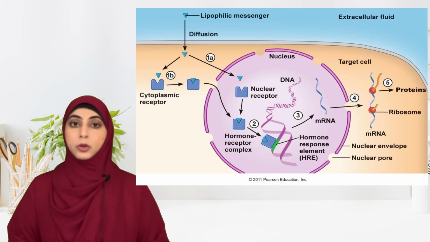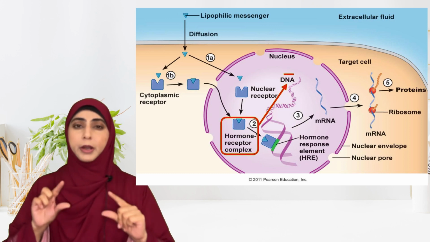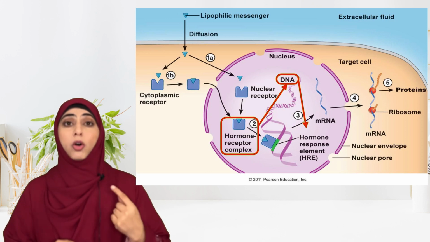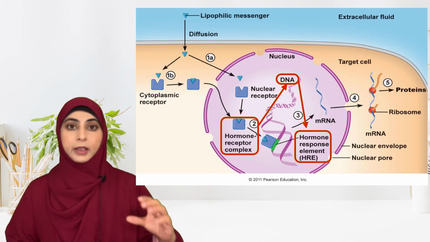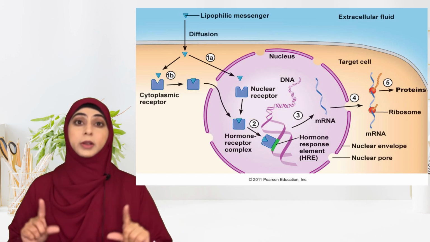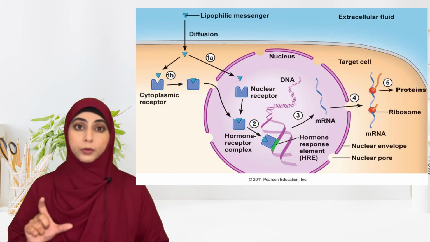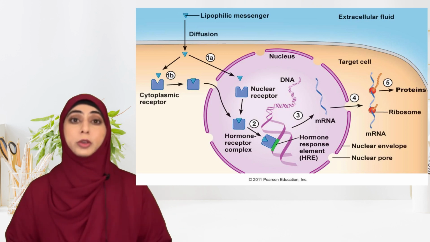When this drug receptor complex is formed, it is going to attach to a specific part of DNA called the hormone response element. The hormone receptor complex is the complex of the ligand and the receptor. The hormone response element is a part of the DNA to which this complex is going to bind.